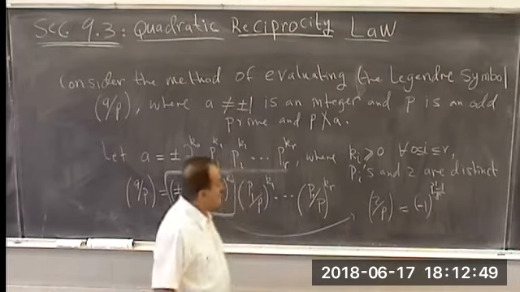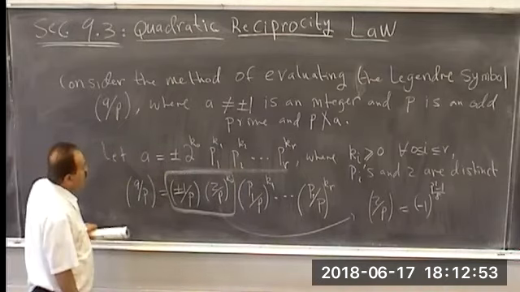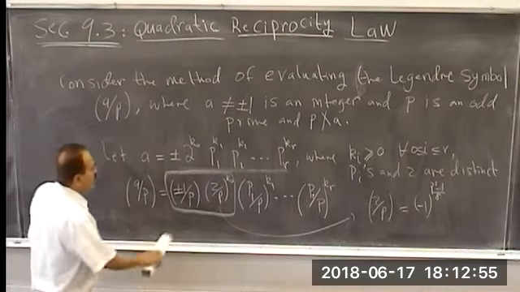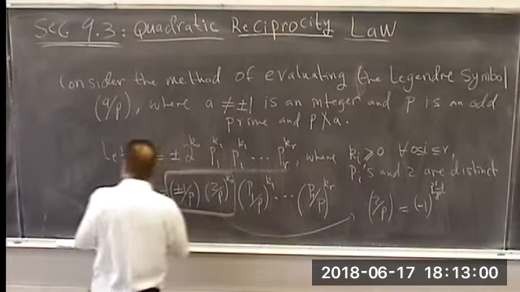But anyway, in order to evaluate the Legendre symbol, we want to be able to evaluate this (p1 over p). So what are we left with?